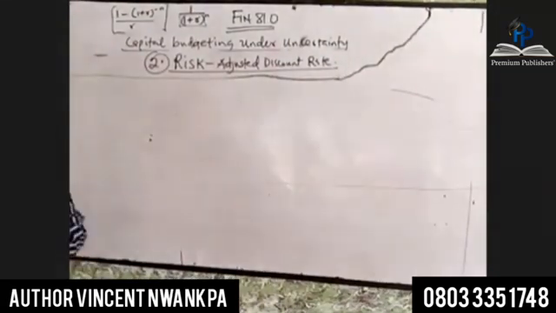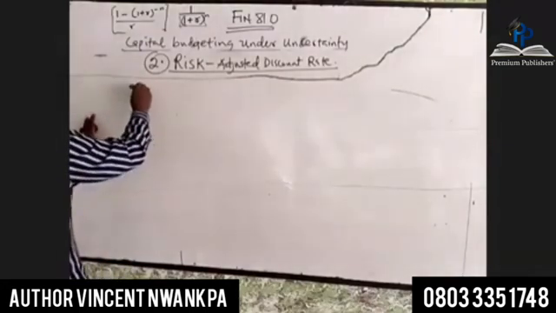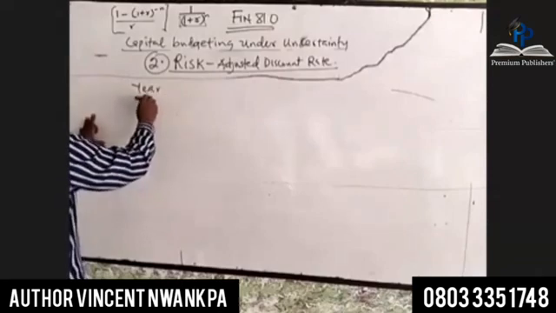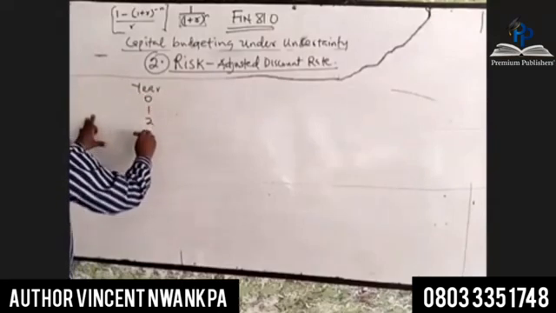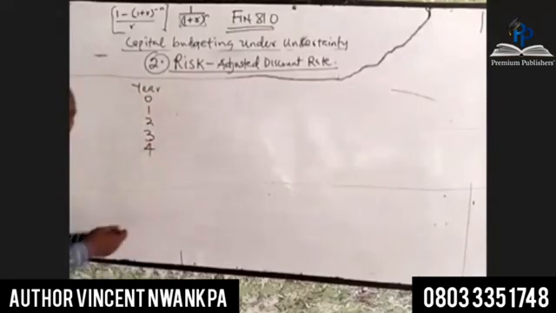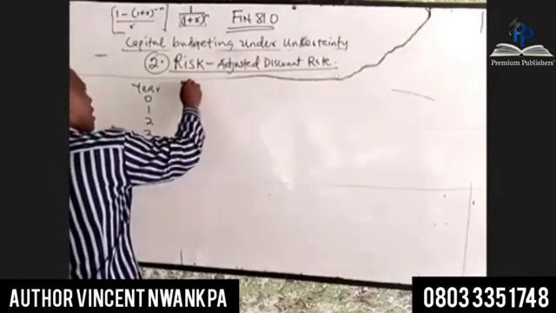In this method, that is the question you are seeing on the board. For us to talk about risk adjusted, it is a combination of the risk-free rate and the risk premium. But first, we have here years 0, 1, 2, 3, and 4, and this is the cash flow.